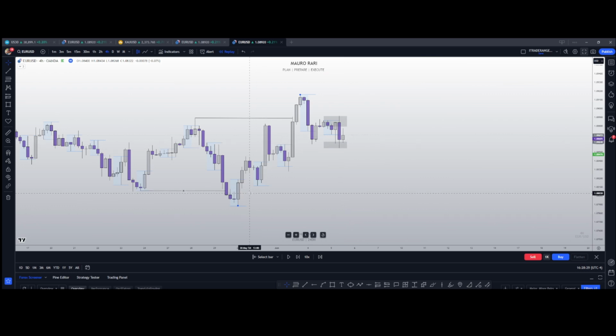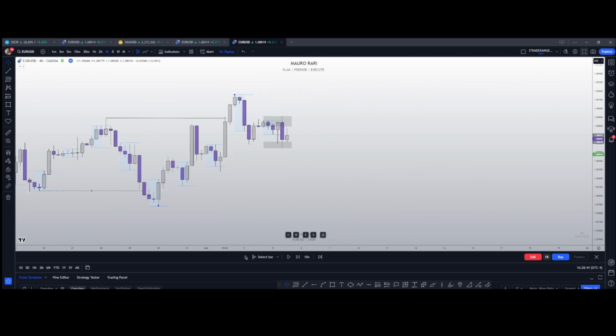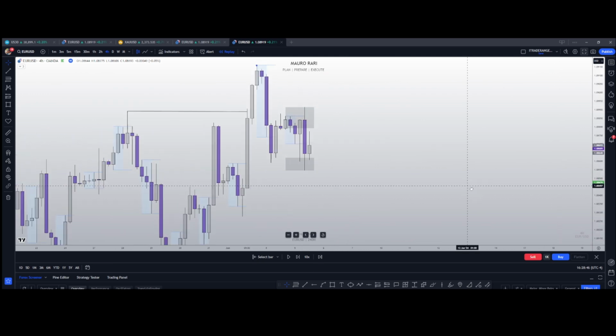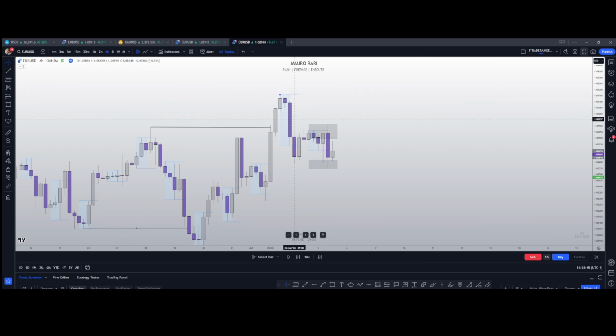Now, that being said, all you see in between these two blue dots is liquidity, but it's not strong because they didn't take any three candle formation, right? So I want you to concentrate right now on the last retracement. Let's pretend for a minute that this is my range, between this last swing point and the top.